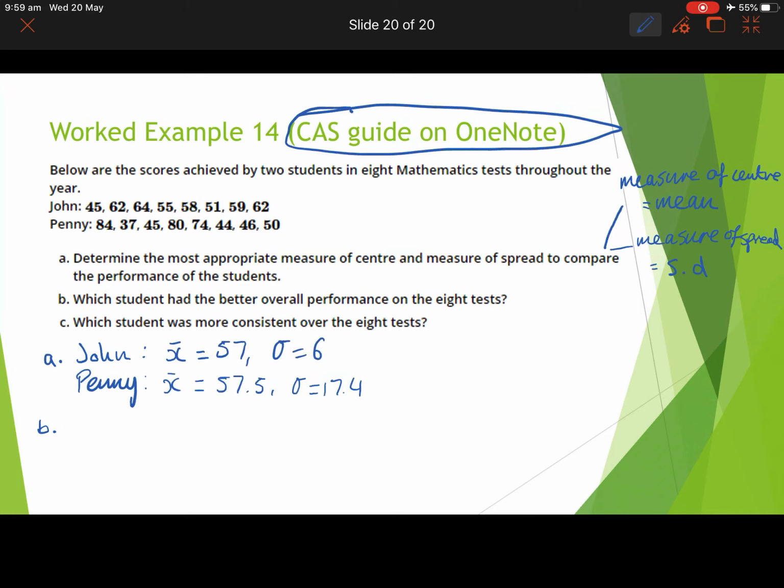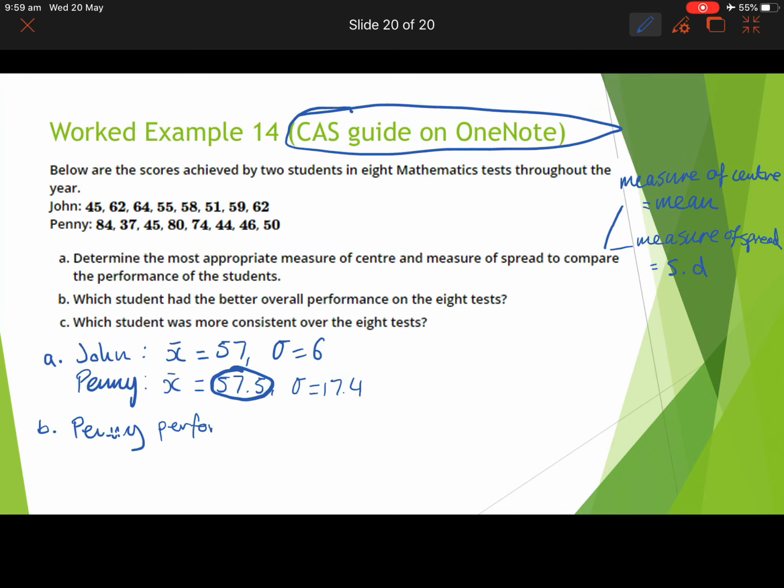Now B says which student had the better overall performance on the 8 tests. So who had the better average is what that one's asking, because overall performance means, on average, who had the higher score. So for this one, we can say Penny, because she's got a bigger average, that means that she scored slightly more than John. So she performs better overall.